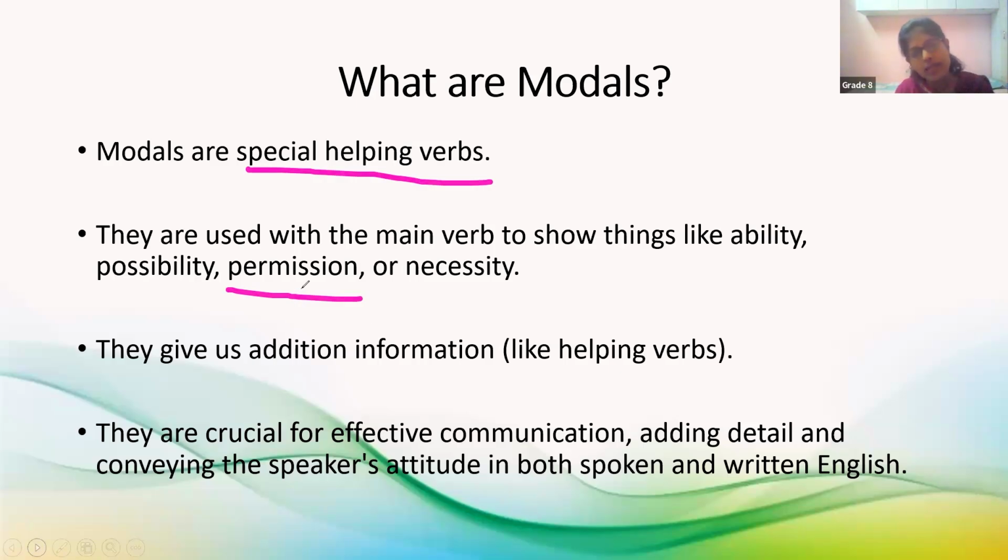May I please go? So when may is used, we know it is a permission. May I come in? When I say can I do it, that doesn't mean permission. It means ability. Can I do it? It's more like a self-doubt. So these modal verbs come in as helpful verbs that tell us the intention behind the sentence. We'll get to know more about them in detail with the lesson.